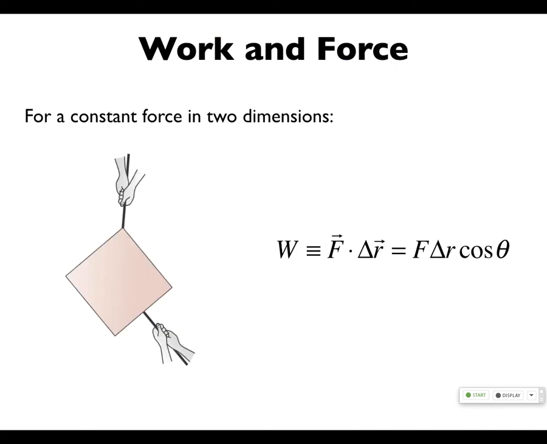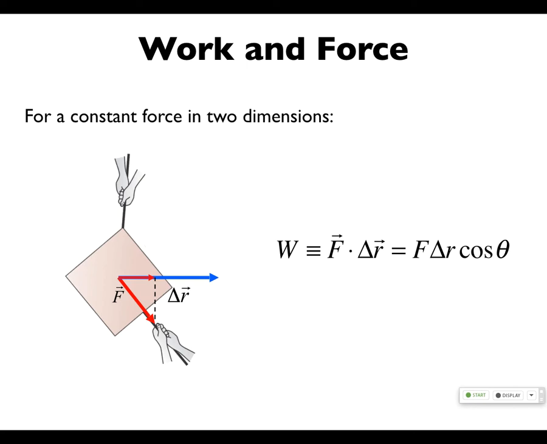So for instance, if we have this situation that we've talked about over and over, we have a force going this way and a force going that way. That gives us a net force, okay? And let's say the displacement's this way. Here's our force, and here's an angle between those two vectors, okay?